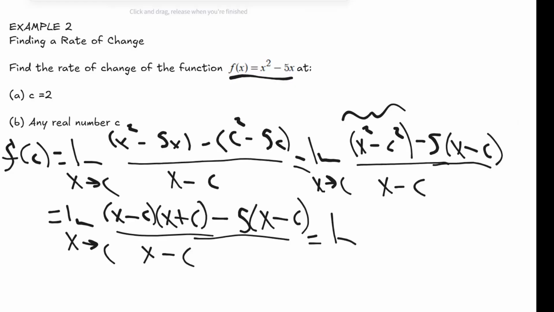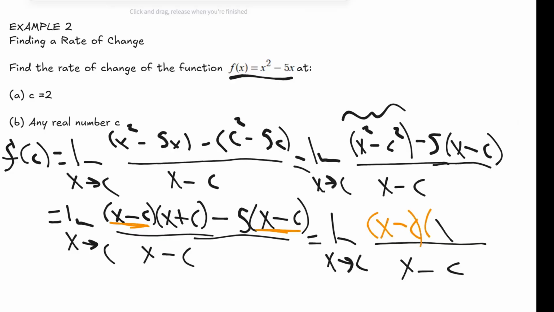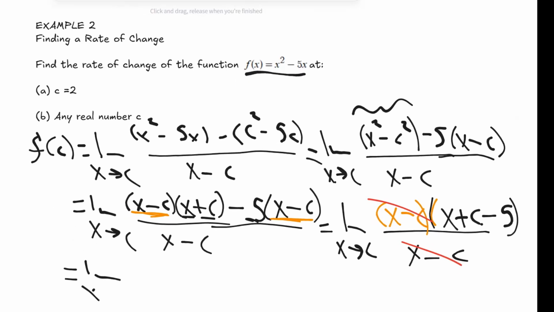And this is the limit as x approaches c, x minus c in the denominator. Notice that you have a factor of x minus c here and a factor of x minus c here. So if we factor out the x minus c, you would have x plus c minus 5 left over. Now you can see that the x minus c's cancel, and our limit is x approaches c of x plus c minus 5.